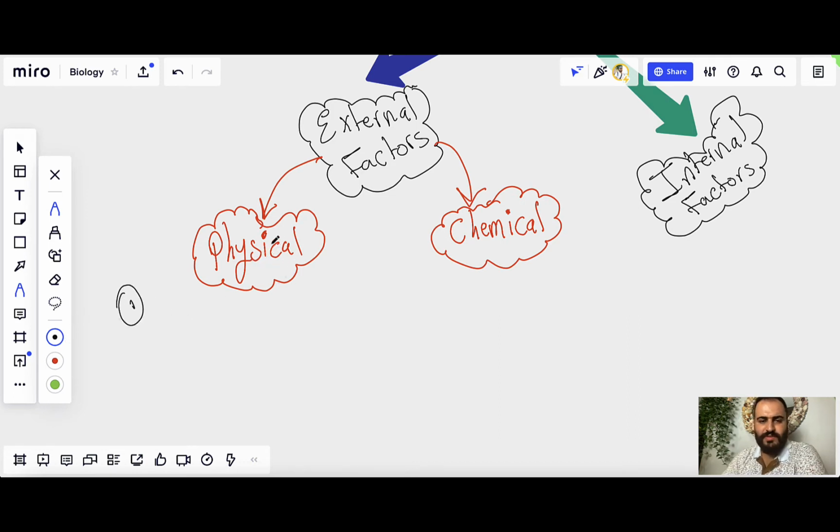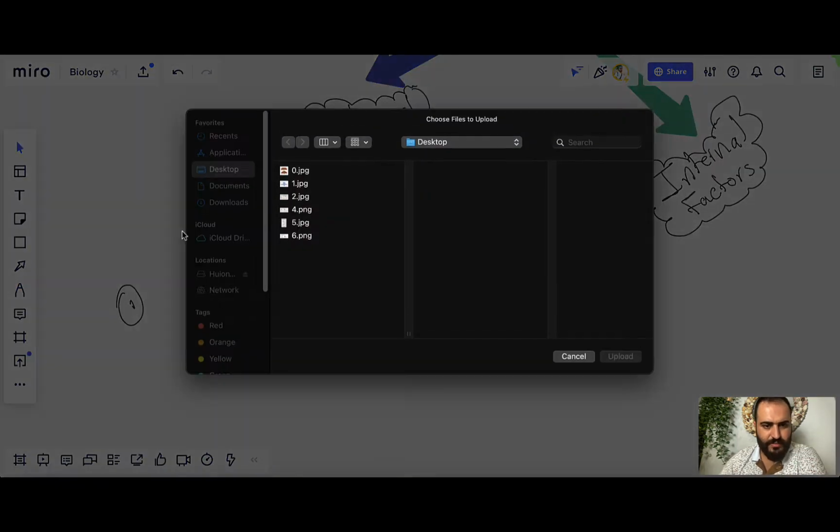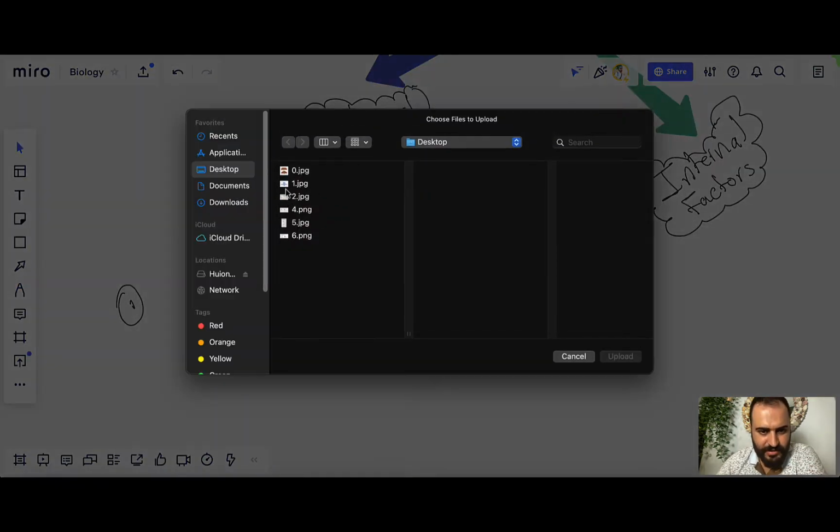Now, when I say physical factors in the cell, mainly I'm speaking about the physical area, the place where the cell is located. And here we can explain this part by looking at cells dividing.